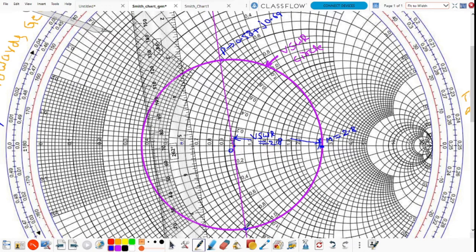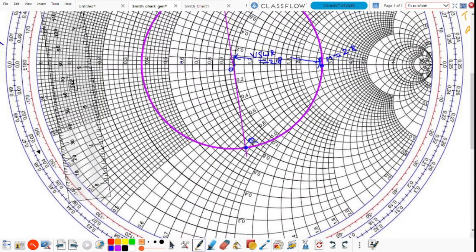So this crossing point is considered as Q. The resistance circle is between 0.7 and 0.8, so it is 0.72 or 0.73.